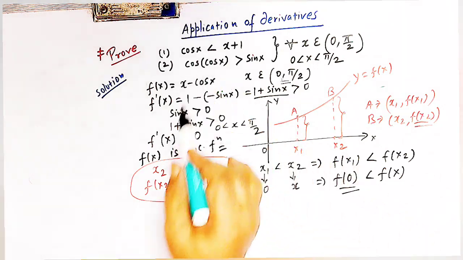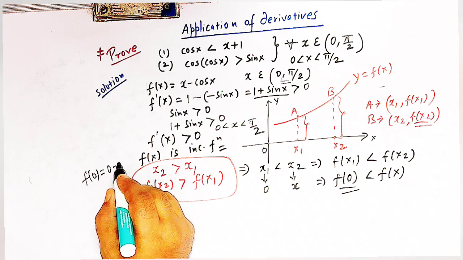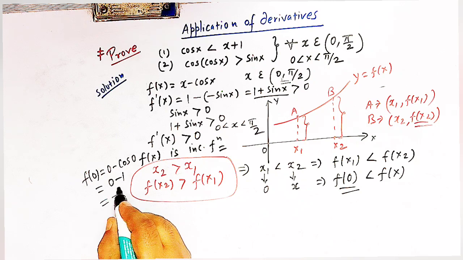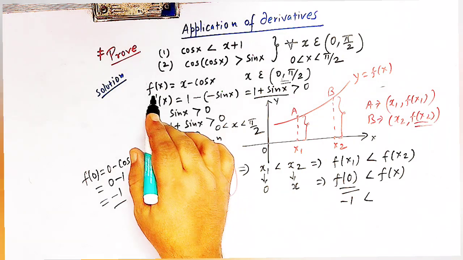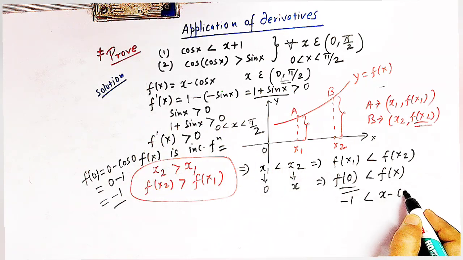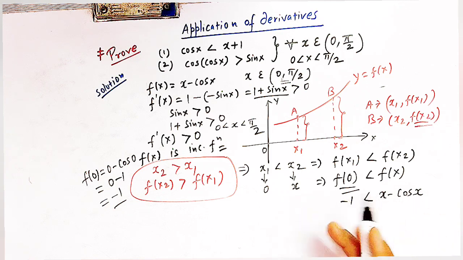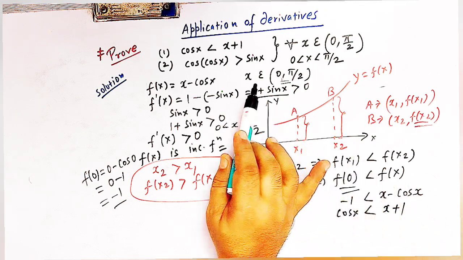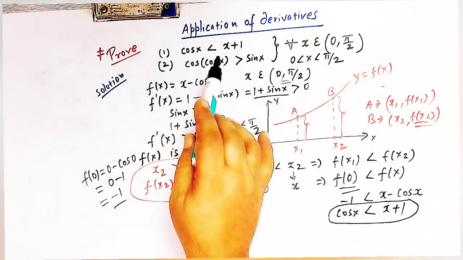Let us find f of 0 from this expression. f of 0 is 0 minus cos of 0, so this is 0 minus 1. Cosine 0 is 1, so we have minus 1. For f of x we can write x minus cos x. Now we take cosine x to the left hand side and minus 1 to the right hand side. So we have cos of x is less than x plus 1 when x belongs to this interval. This is our desired inequality.